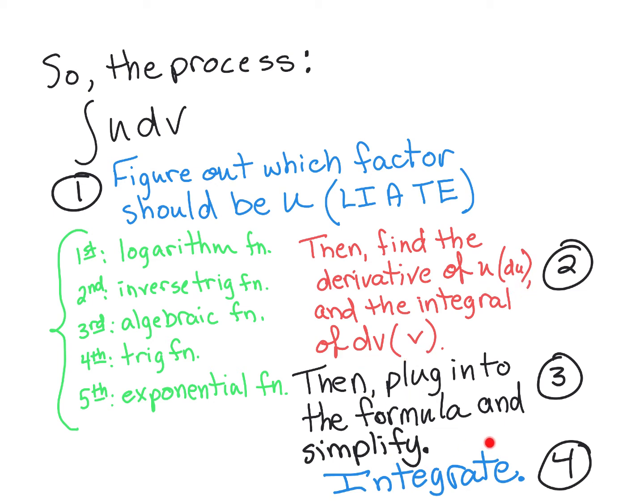You're going to plug it into the formula and simplify. Simplify before you integrate. You will find that the integral that you have left over in your formula is going to be much simpler than your original integral.